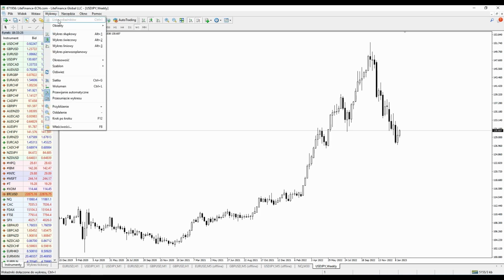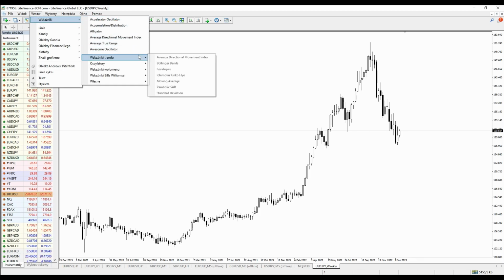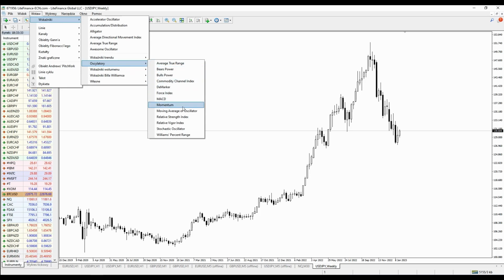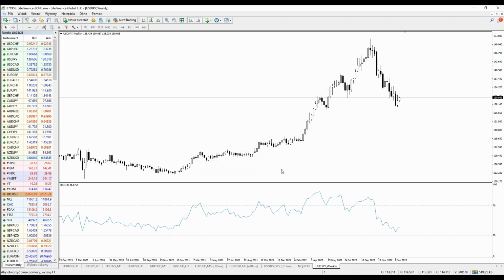The typical setting when it comes to RSI is a 14 period, and that's what we have here. Usually the standard lines used to determine if it's overbought or oversold are 30, which tells us it's oversold, or 70 when it's overbought.